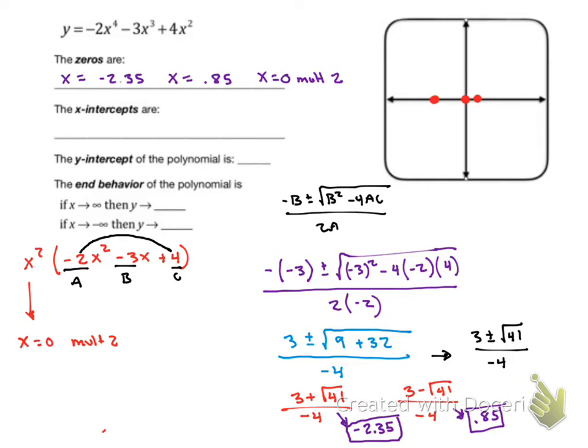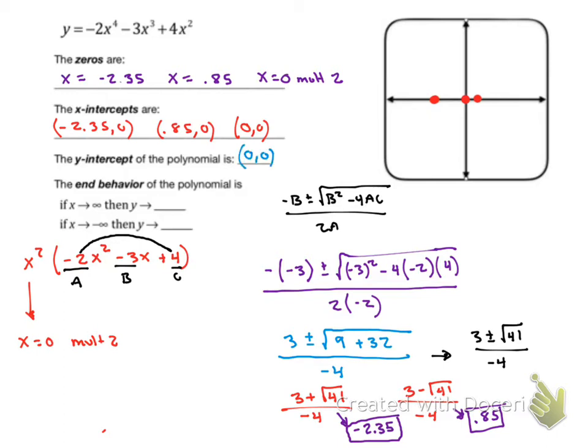So if you look at our end behaviors, I forgot to write the x-intercepts. Negative 2.35, 0, 0.85, 0, and 0, 0. See, y-intercept, if you plug in 0, everything just zeroes out. So the y-intercept is 0, 0.